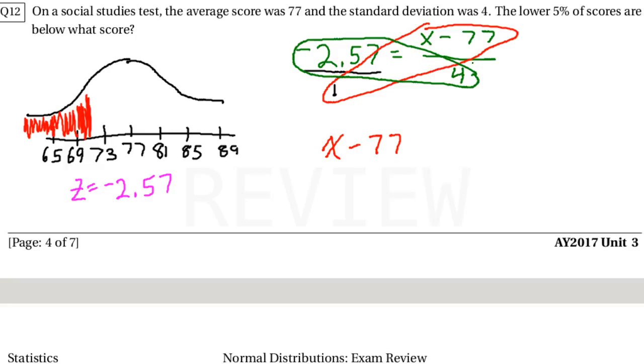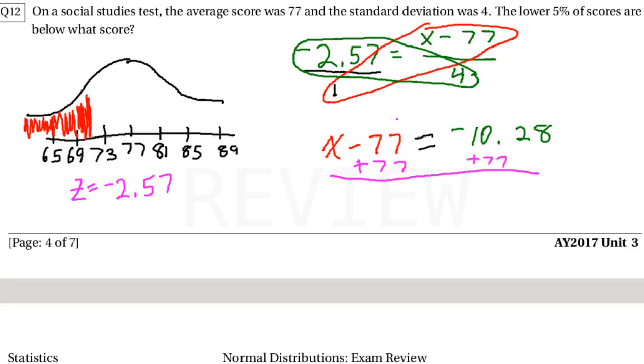Okay, so let's see, 2.57 times 4, and I get 10.28. So this is all equal to negative 10.28. So now solving for x here, I'm going to add 77 to both sides.